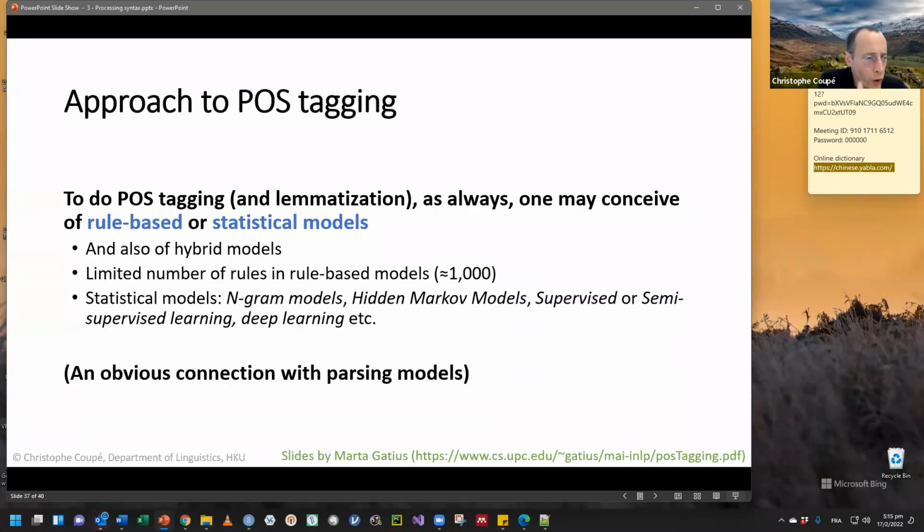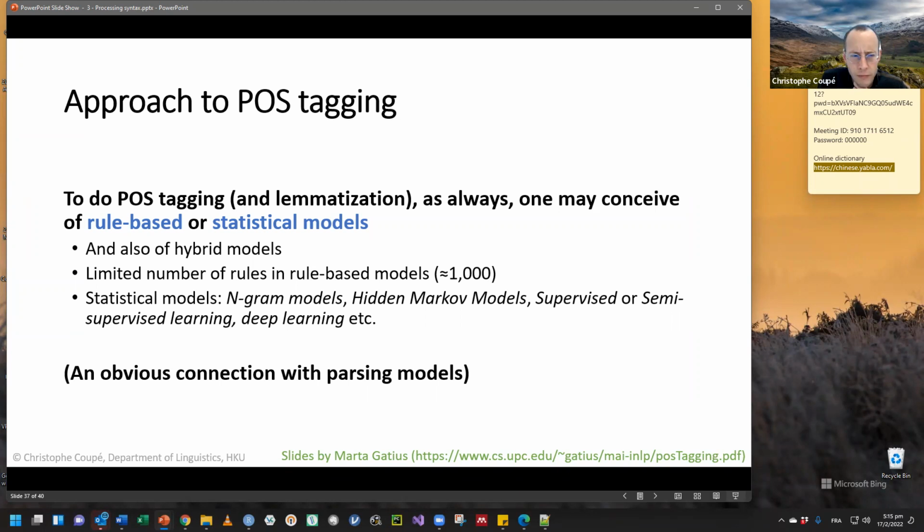So once again, if you want to do lemmatization and POS tagging, you may consider rule-based models, you may consider statistical models. This is very much related with parsing, broadly speaking. You may combine rules and statistics.